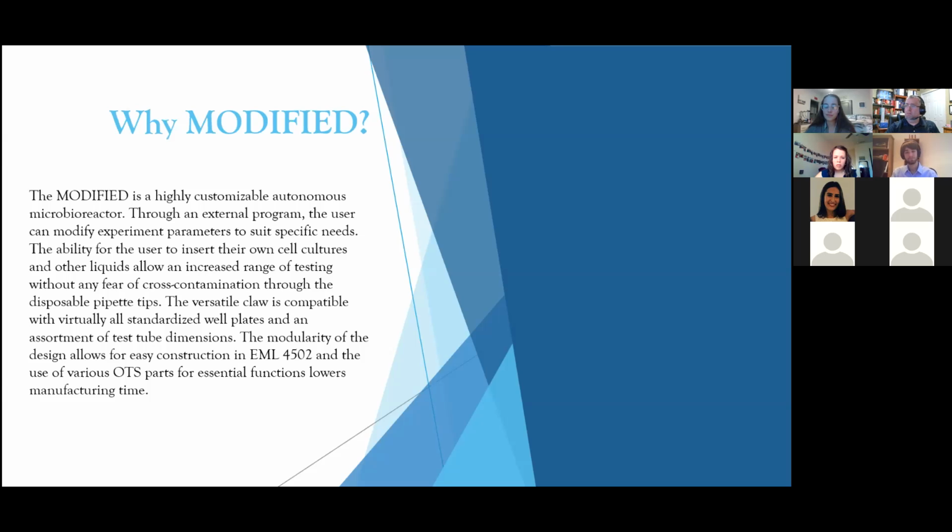And you don't have to fear cross-contamination when using the liquid handling subsystem to pick up the liquid and dispense it elsewhere within the device, because the pipette tips are removable. There is a little container within our build that is able to deposit the used pipette tips, and then the liquid handling system is able to get more pipette tips from a pipette tray within the device.